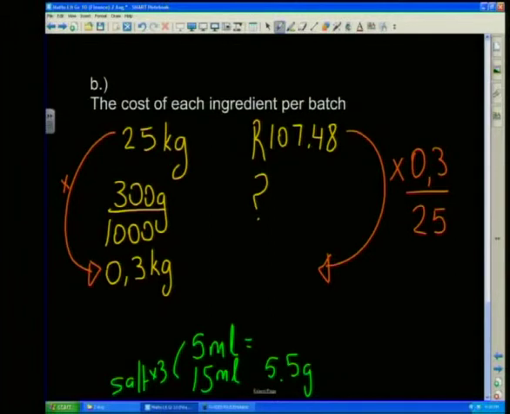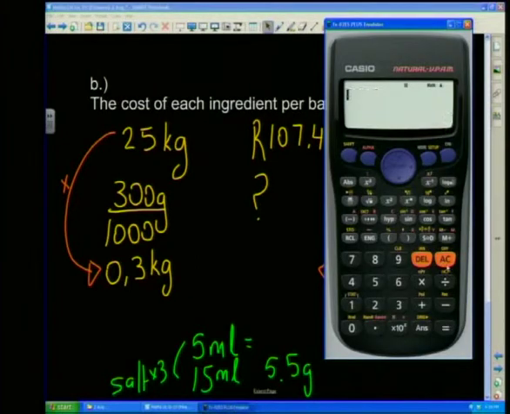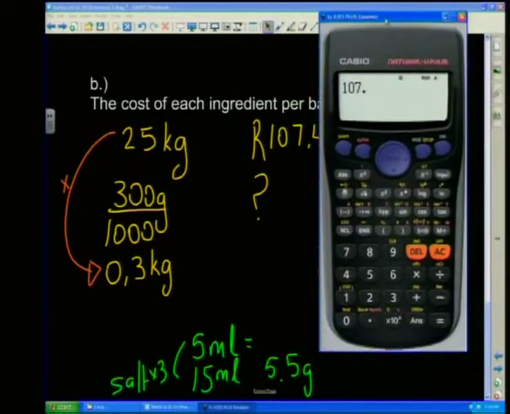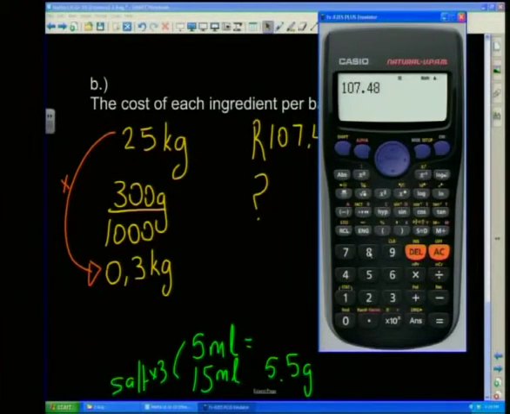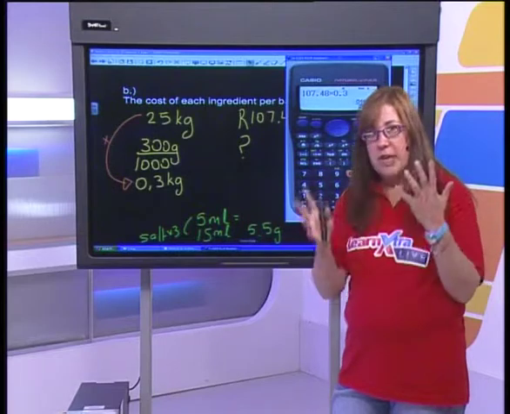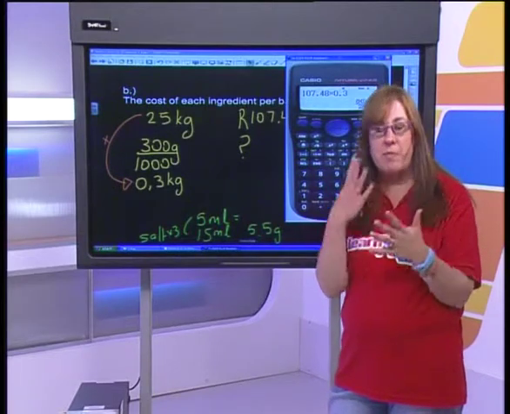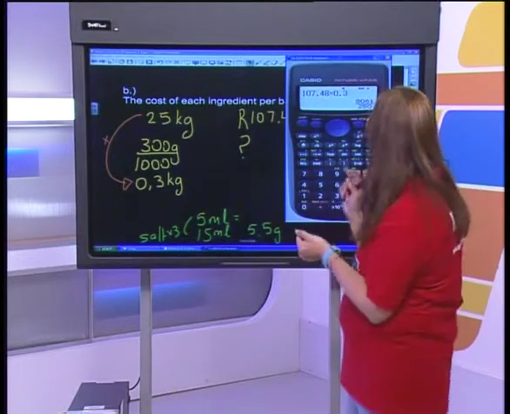And now I can do that on my calculator. And remember on your calculators, we've got 107 Rand 48. I'm going to times by 0.3. You can always press your equals, just be careful of bad maths, but in fact when we're multiplying and dividing, we can do both at the same time.